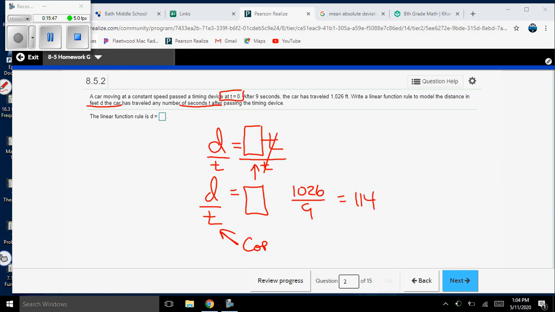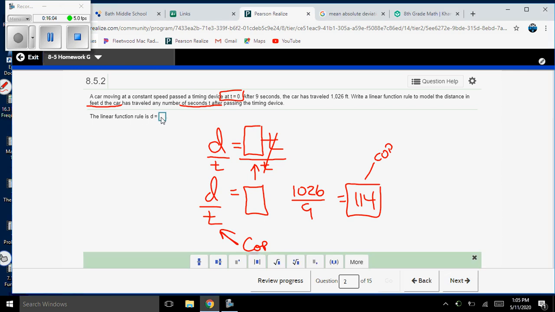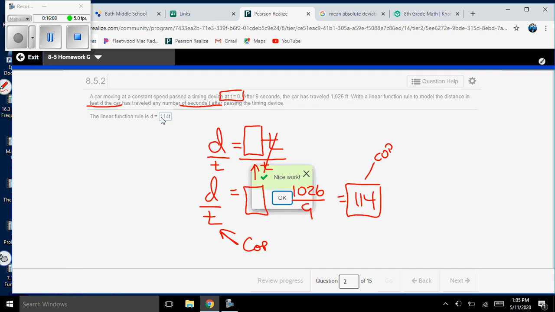So we are saying that our initial equation should be d equals 114, which represents our COP, our slope, times t. So 114t. Okay?